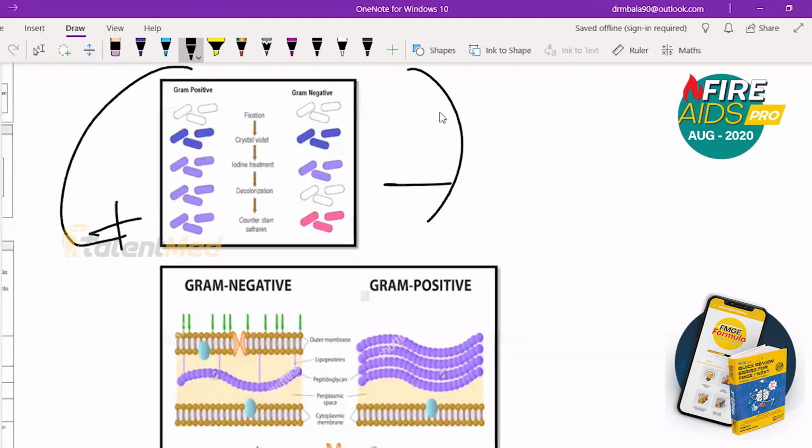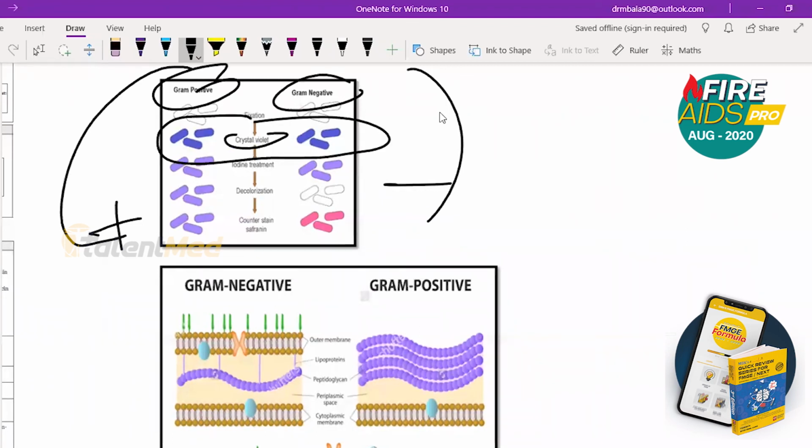So in gram staining, initially we use a crystal violet dye. When we use crystal violet dye, let it be gram positive, let it be gram negative, it's going to stain the same color. After that we treat with iodine and decolorize it. At that point gram negative loses its color, whereas gram positive does not lose its color. And then we add a counterstain, safranin.